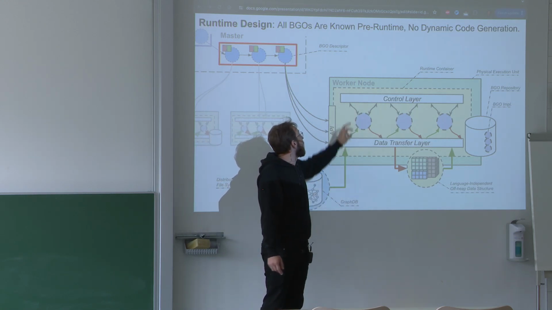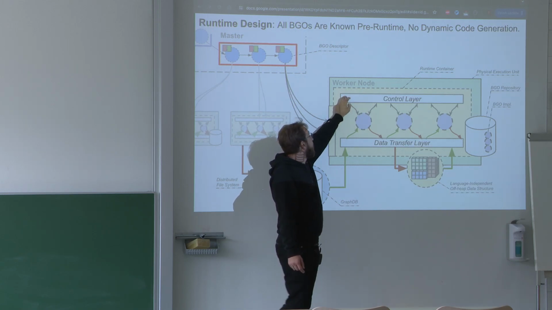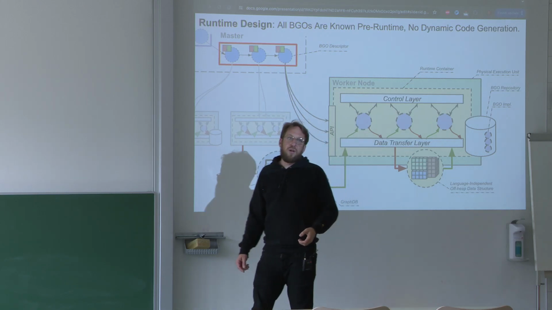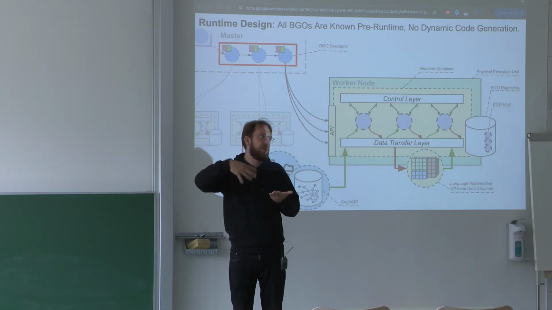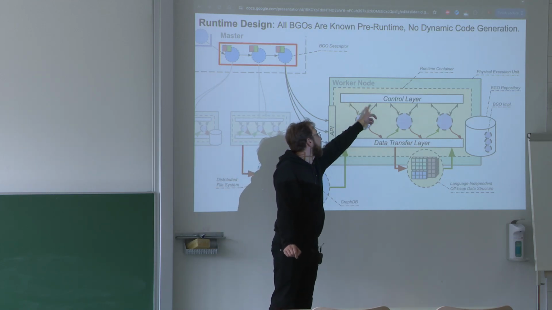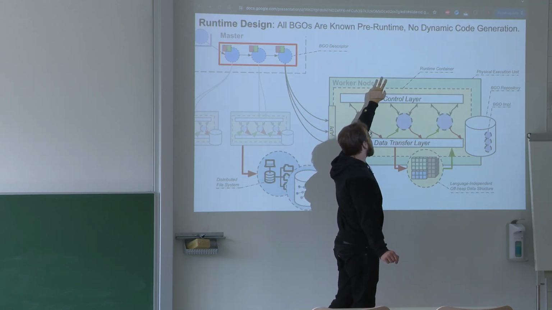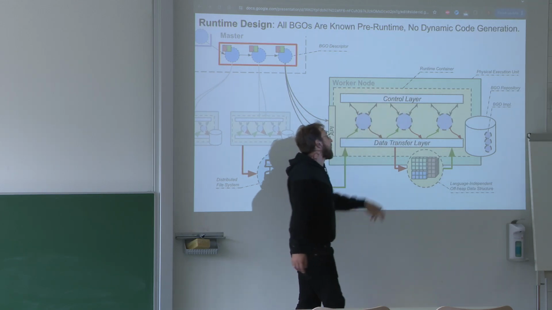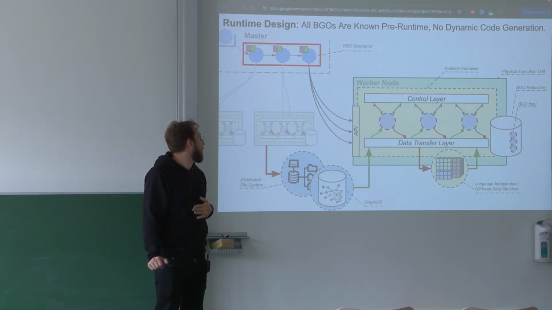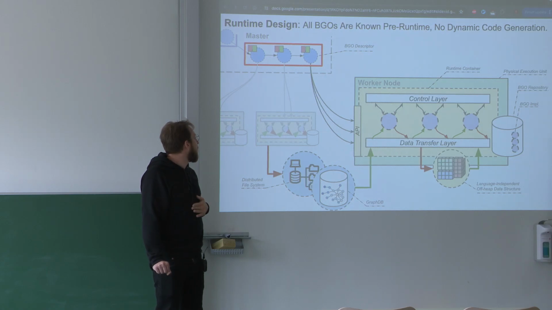So we could assume that Reza just transfers the information that three BGOs are supposed to be executed in a row, and we can compose that with GraphMa. That would be possible. Or Reza just tells us to execute one BGO. When we tell him that it's executed, he would start the new one. I think it depends on how smart you want to make your runtime and how much you would like to optimize there, right?